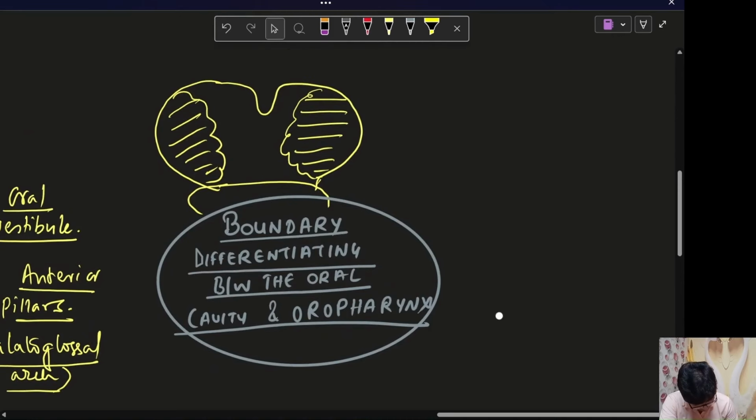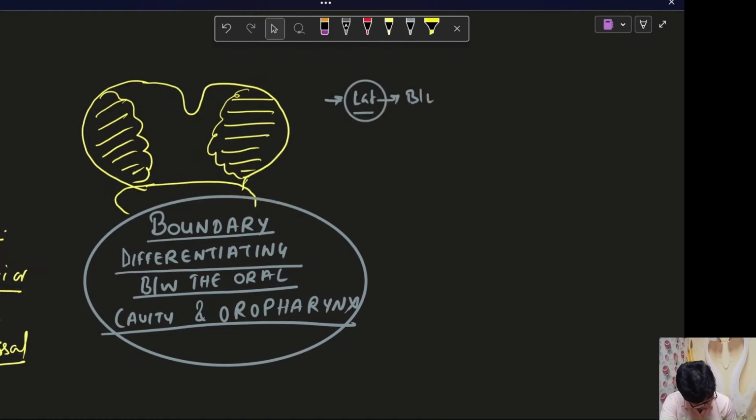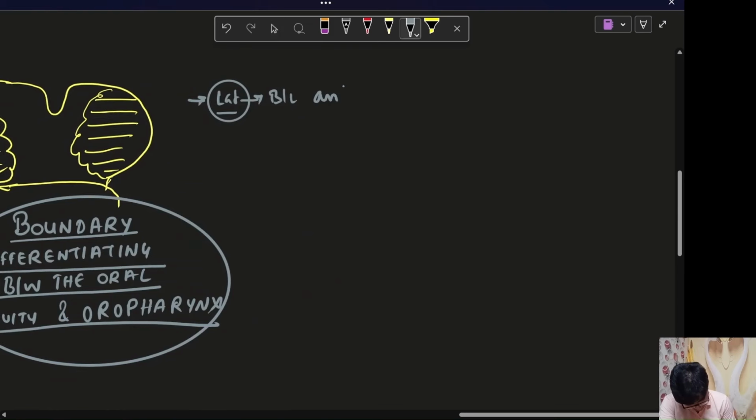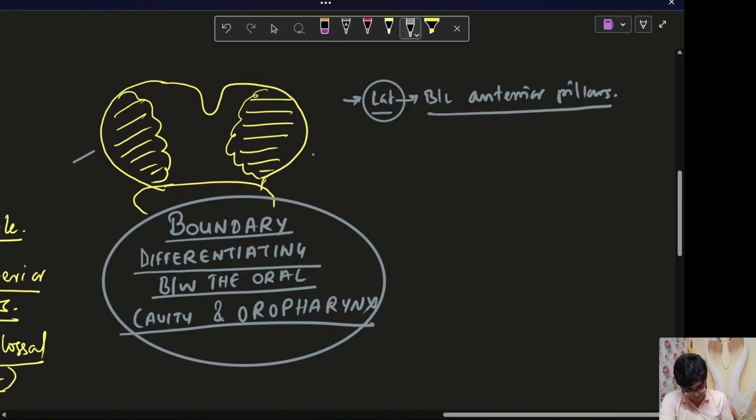Primarily, laterally, they are bilateral anterior pillars. That is the palatal arch. Okay, so this one, this one.